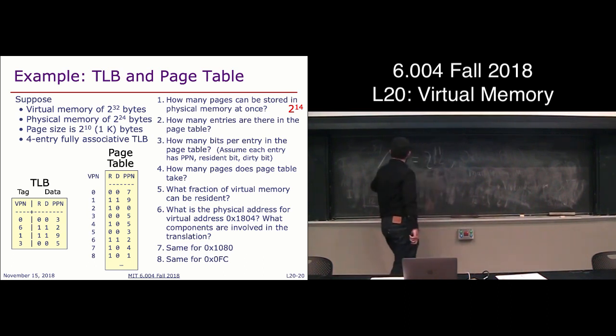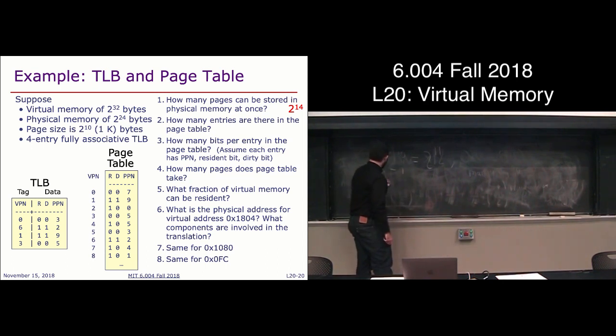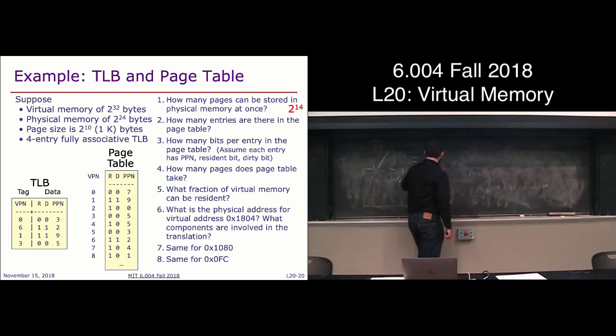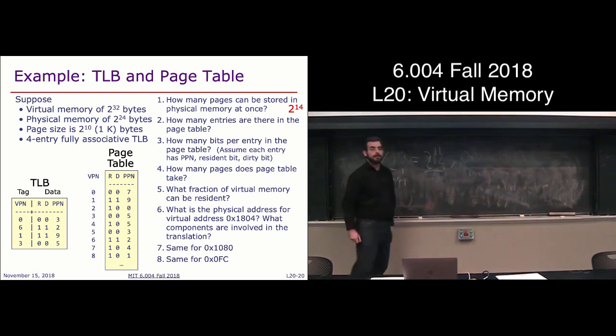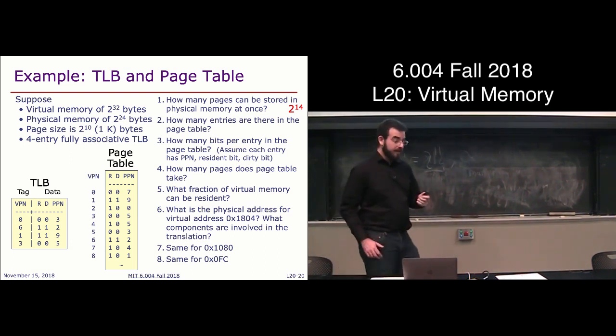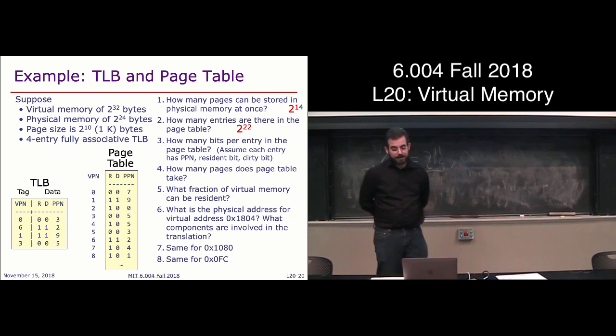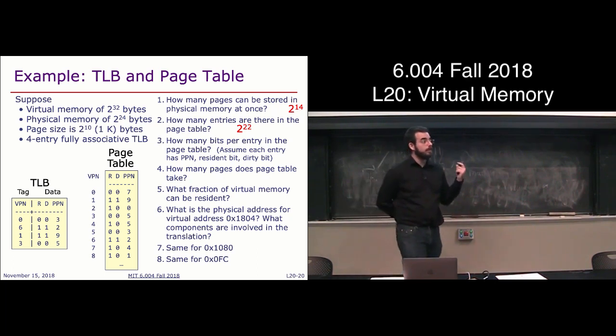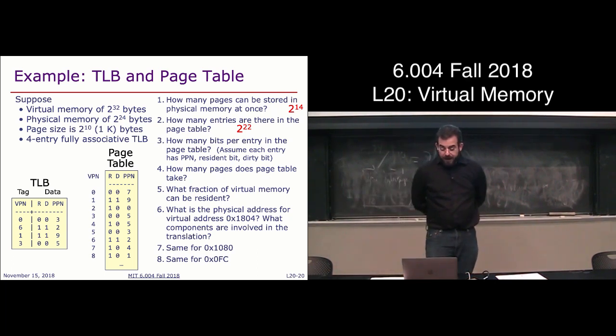This is bytes per page, this is physical memory bytes, so this is physical memory pages, right? Same thing for this one, except that now we're considering virtual memory bytes.